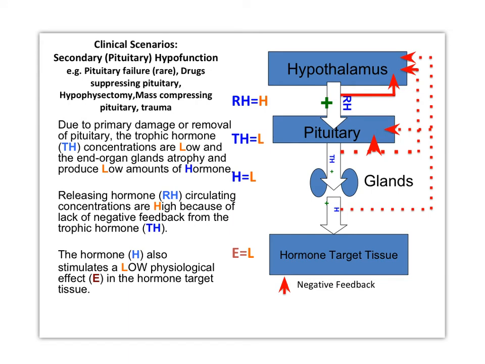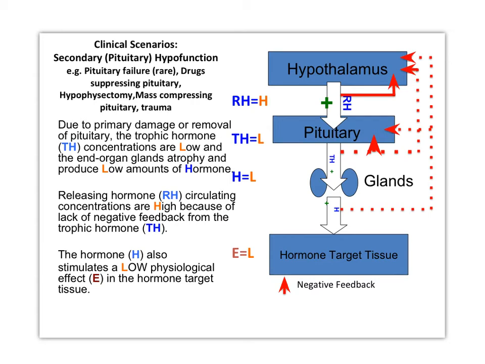Let's now take a look at what we call secondary, which means pituitary, hypofunction. Examples of this are primary failure or lack of development of the pituitary, a rare condition in animals at least, or drugs that can suppress pituitary function. You can also see this when there's been a surgical removal or a cancerous mass perhaps damaging the pituitary, and also occasionally with trauma to the pituitary.